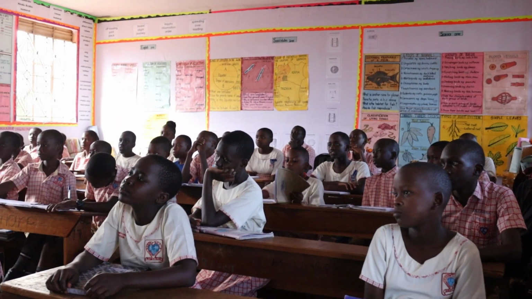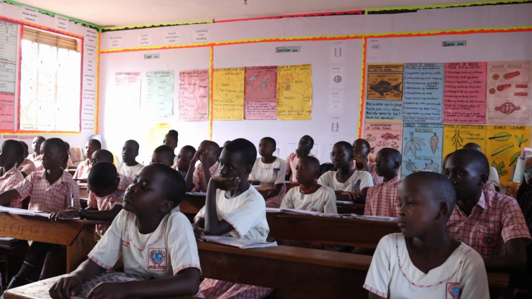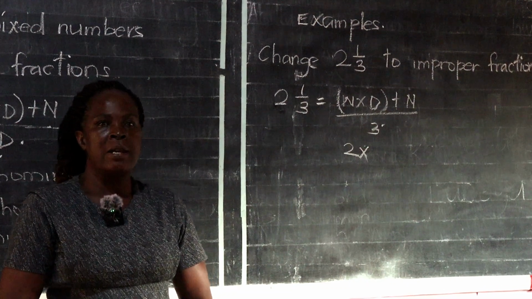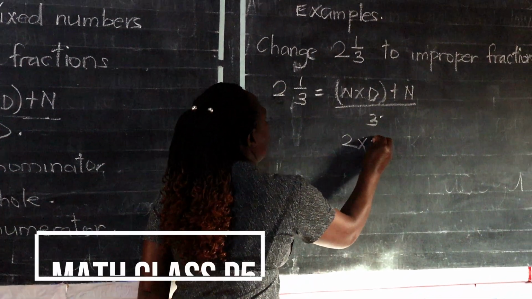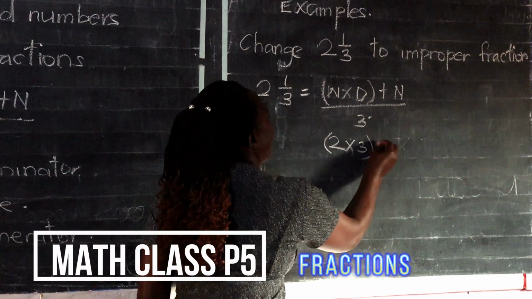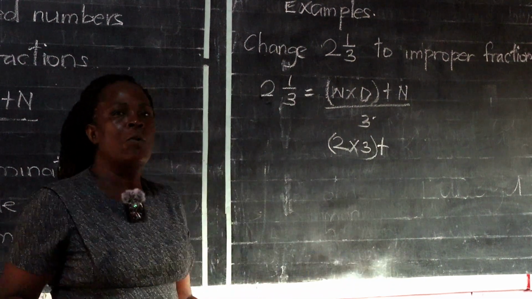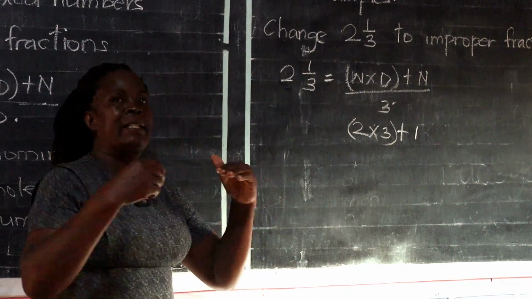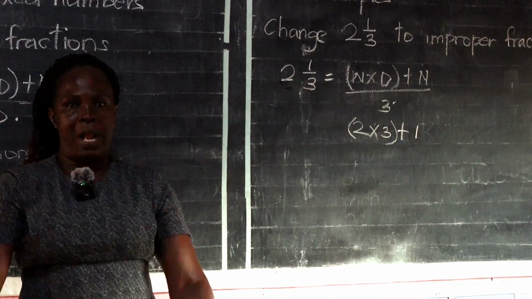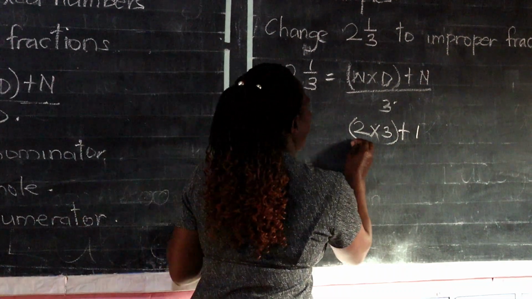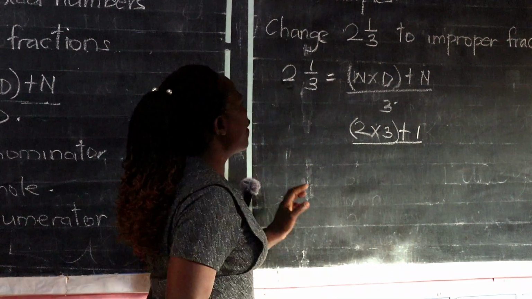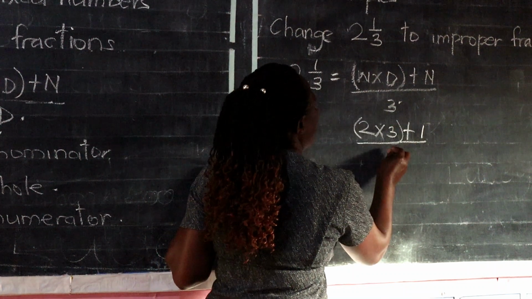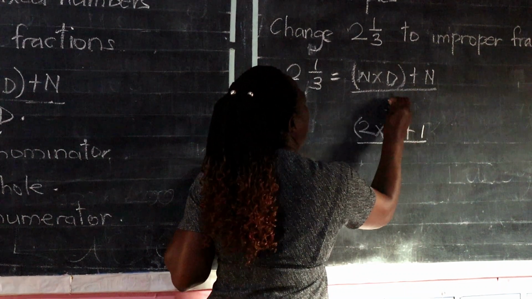So we say 2 times the denominator. The denominator is the downer one. It is times 3 into bracket plus the numerator, which is N, which is 1. The numerator is the upper number of the fraction. Out of the denominator, which is 3.